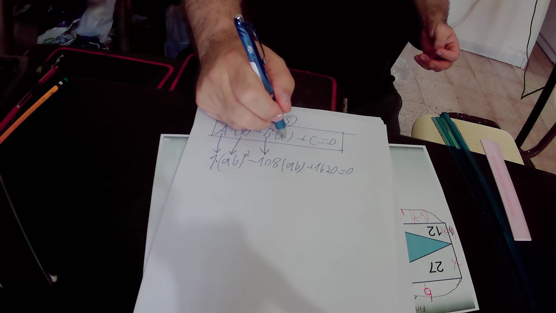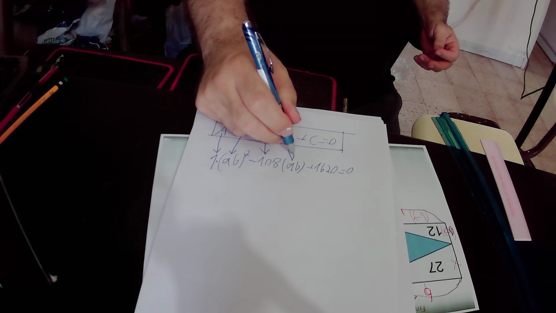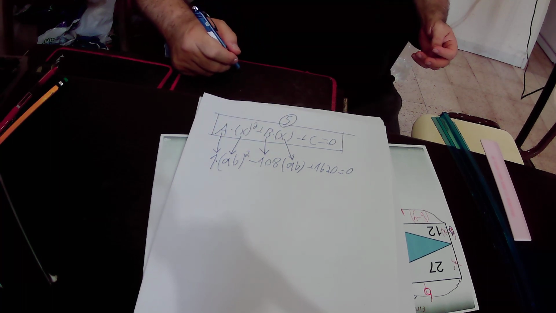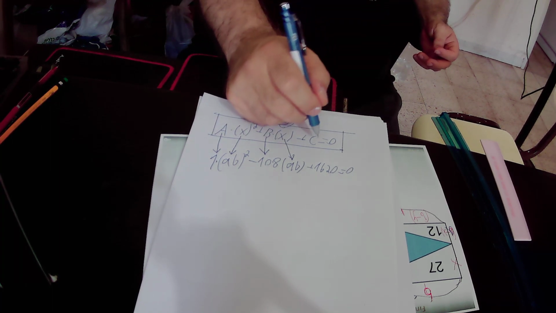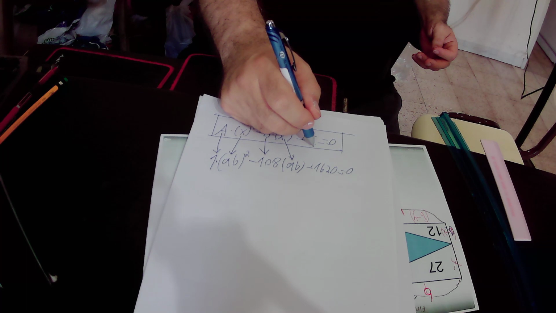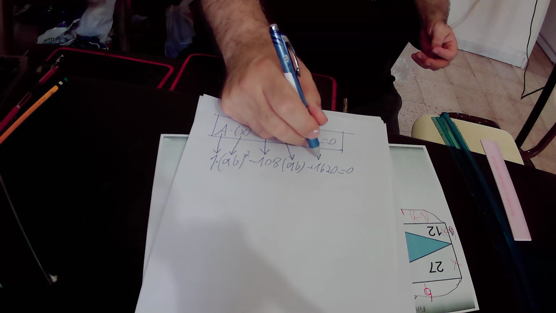Again, x equals A times B, and c equals positive 1620.